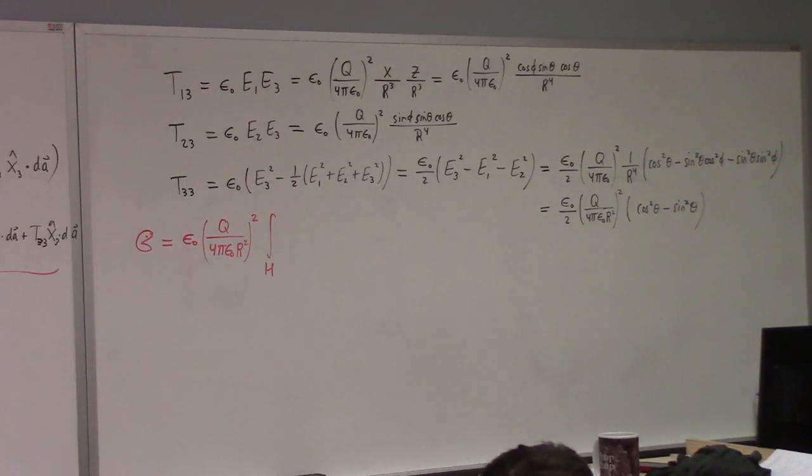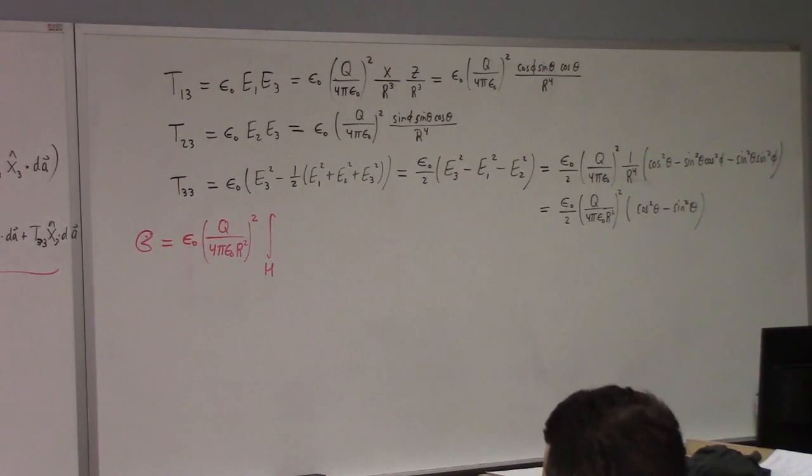Oh, phooey. Well, this dA is r squared d theta d phi, and then we've got cosine phi sine squared theta, sine phi sine squared theta, and then cosine theta sine theta.